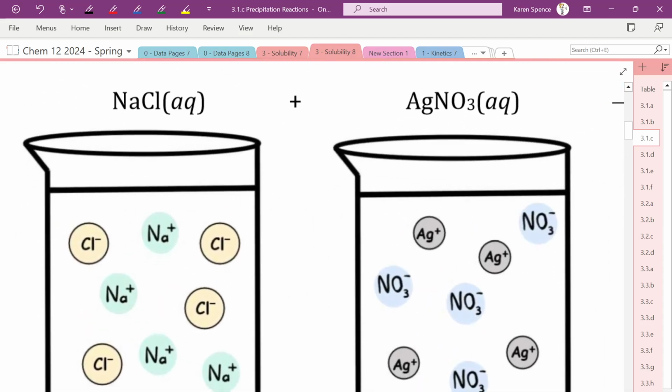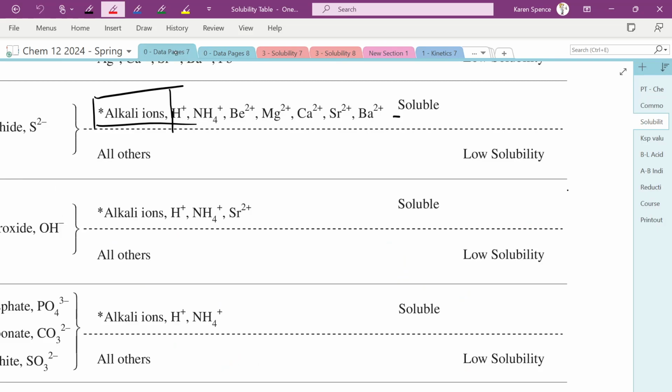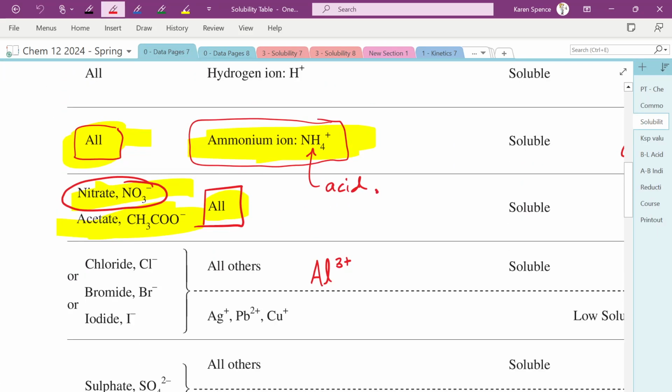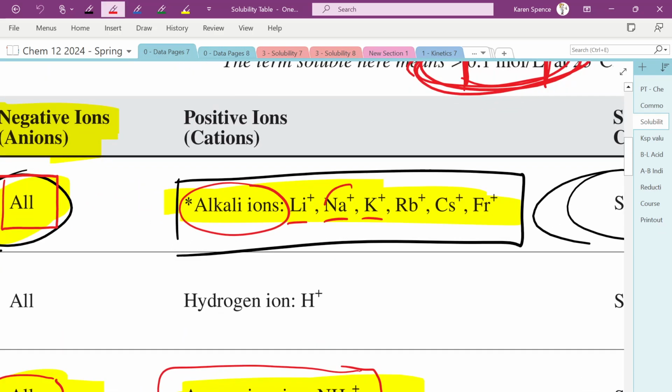We have sodium chloride, aqueous. Sodium chloride is a soluble salt. If you didn't know that sodium chloride was a soluble salt, where could you look? You could look on the solubility table, which is on page 4 of your data booklet. So for example, here we have, look, sodium is an alkali ion.